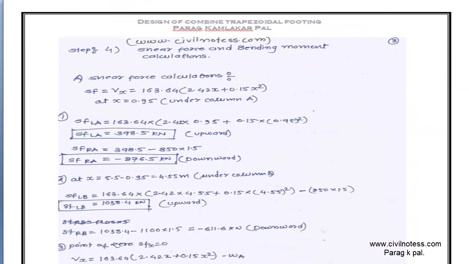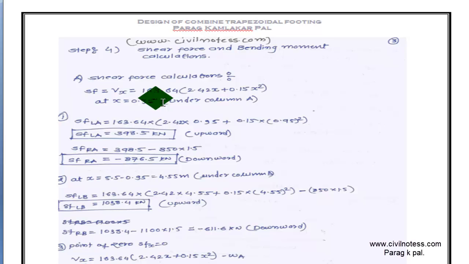Now for further calculation, here we are doing the shear force calculation. Shear force means we are getting Vx. We have to calculate the shear force at particular distances. Remember, we take the projection as 0.95. This is for one distance.